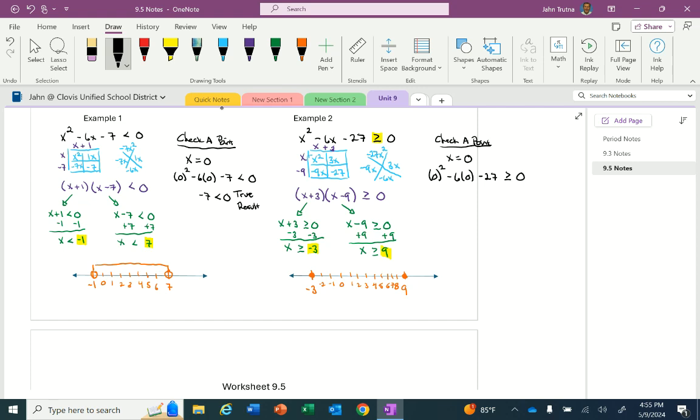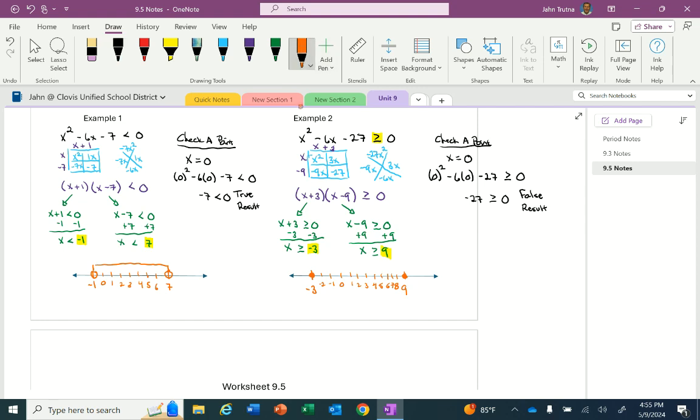And I'm going to work out the left side, which when you type it into your calculator, would give me negative 27 is greater than or equal to 0. Now, that is a false result. Negative 27 is not greater than or equal to 0.